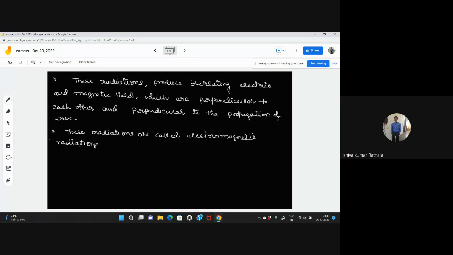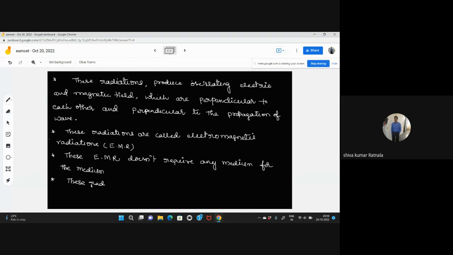These electromagnetic radiations, EMR, don't require any medium for propagation, like water or anything, just like sound.